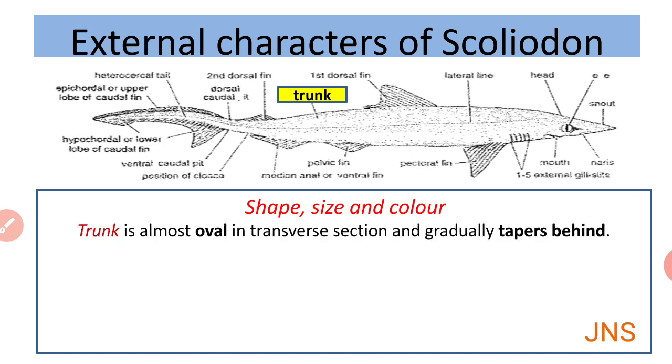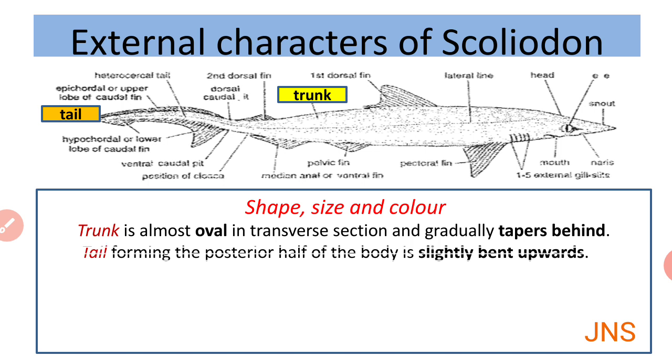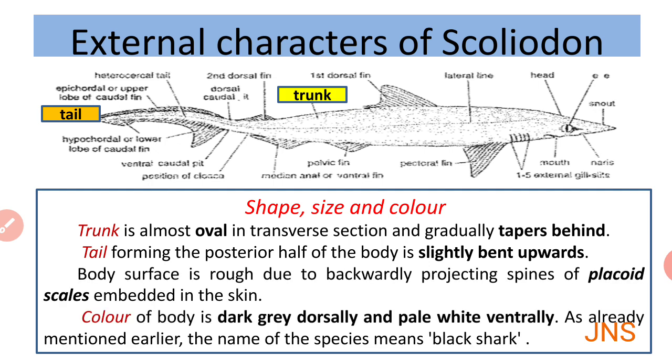Second point is the trunk. The trunk is the second part of the body, which is almost oval in transverse section and gradually tapers behind. The third part of the body is called the tail. The tail forms the posterior half of the body and is slightly bent upward.